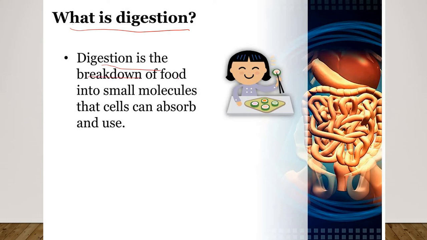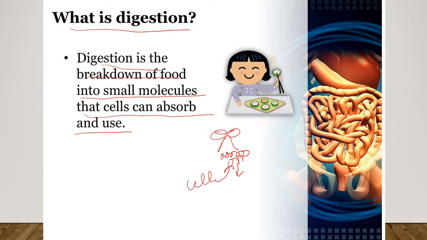Digestion is the breakdown of food into small molecules that cells can absorb and use. Obviously we eat food, and food is broken down into smaller pieces so that our cells can absorb all these nutrients.